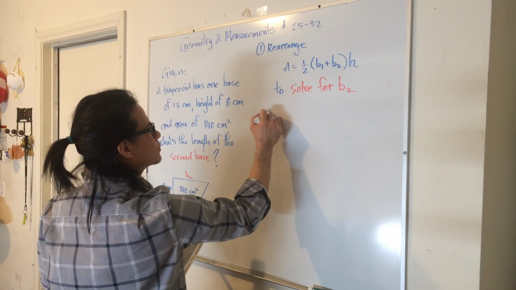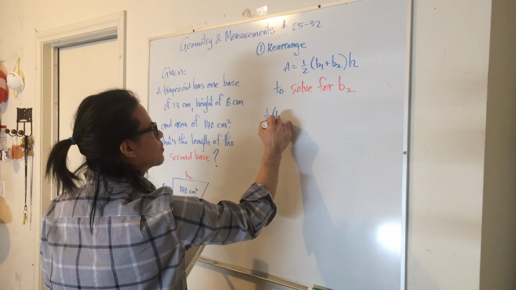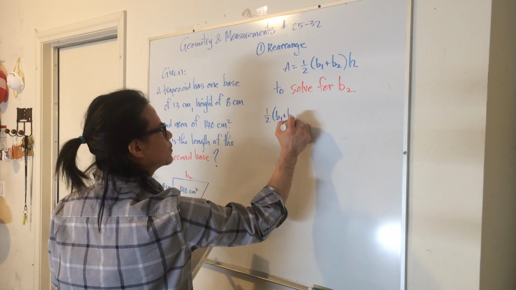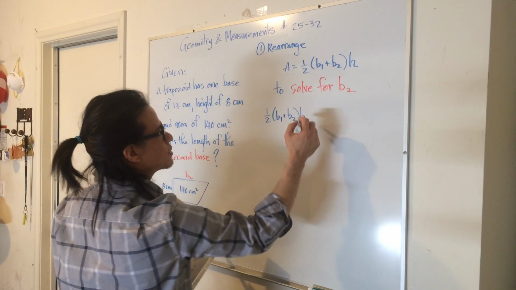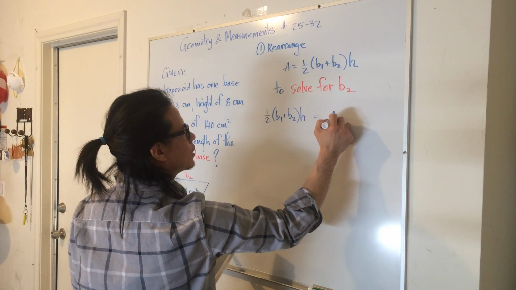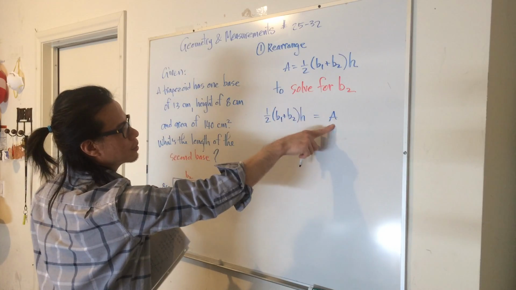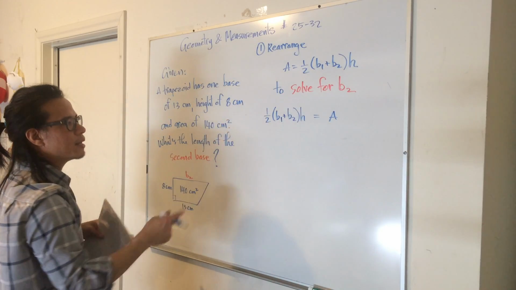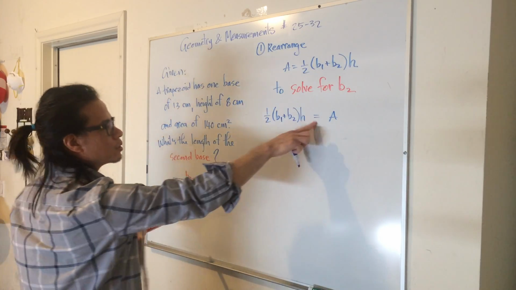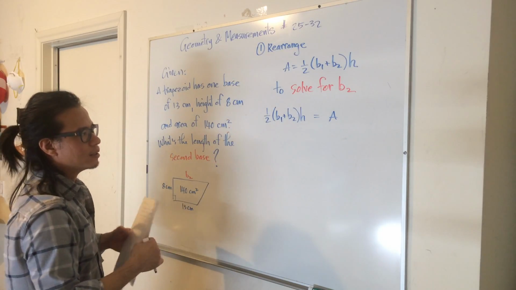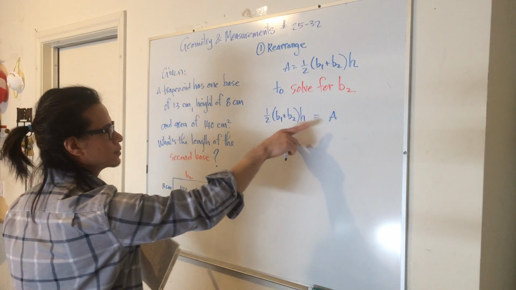So I'm going to say that 1/2 base 1 plus base 2. All I'm doing is switching sides here. See how A goes to the right? That side comes to the left. Because with an equal sign here, you can indeed switch the sides.